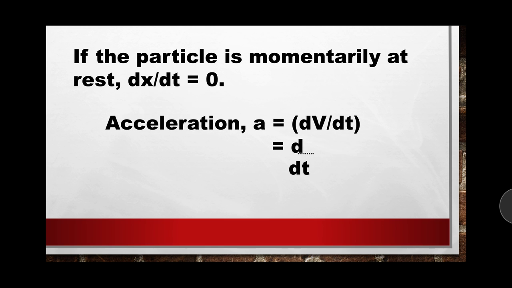How about acceleration? Acceleration is dv/dt. That's the rate at which velocity changes. Acceleration a is dv/dt. And recall that our v in the last slide is dx/dt.